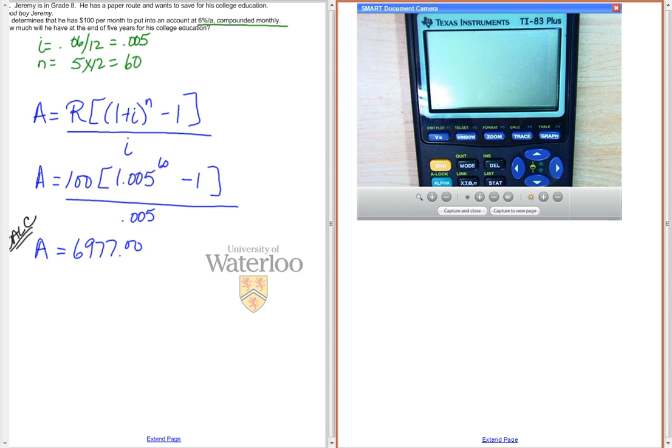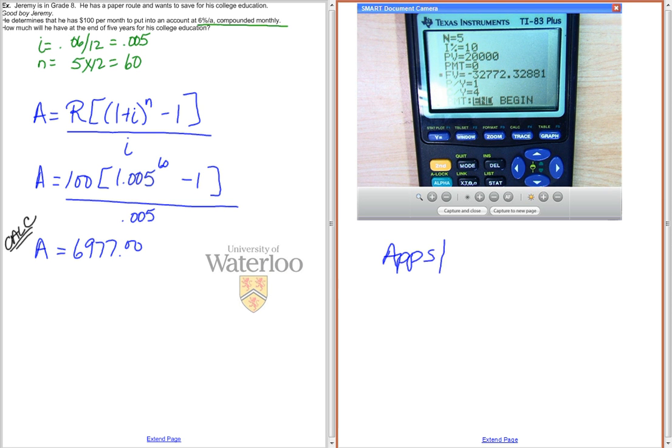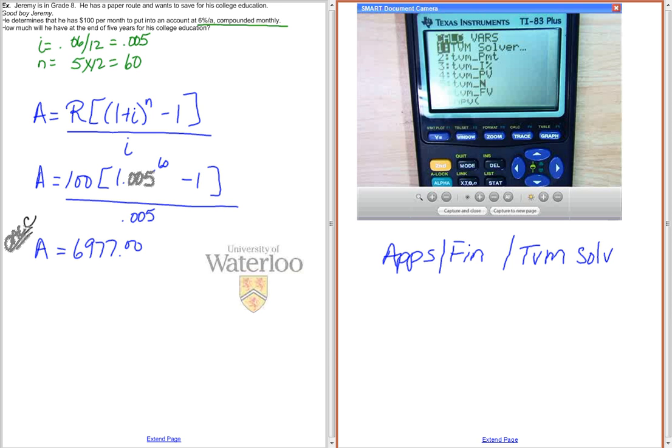I don't want to drive you crazy, but I really want you to be able to use these graphing calculators. So we're going to go back to the financial. So to get their apps, financial, TVM solver, and here we are. We're going to put this information in.